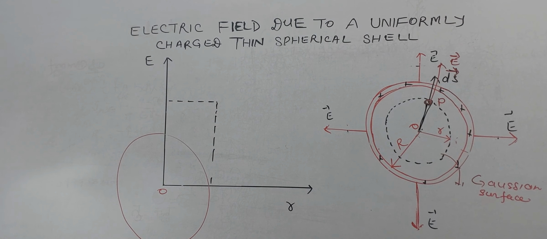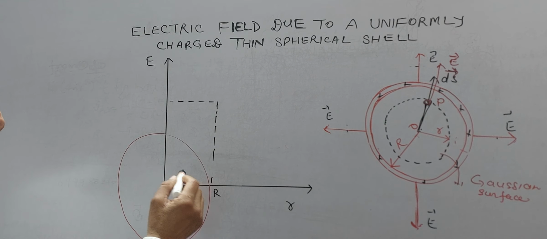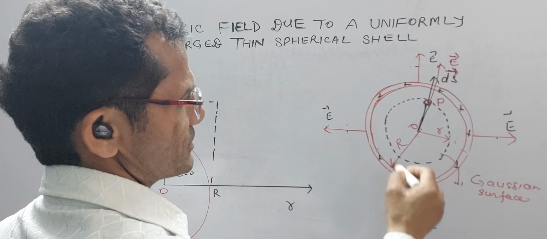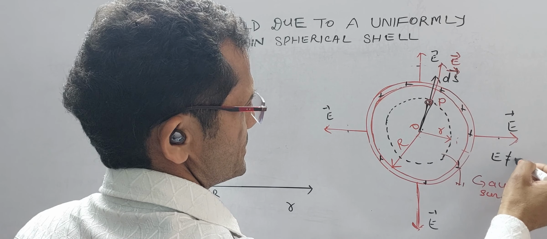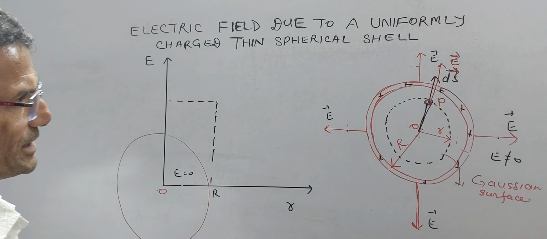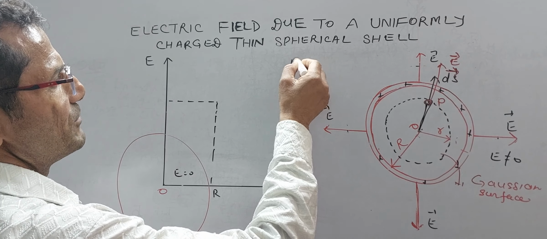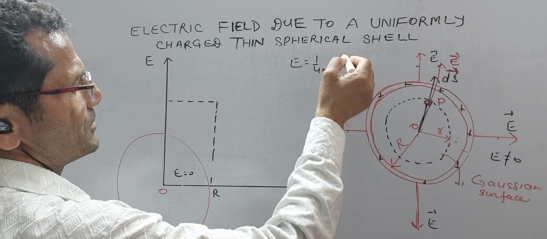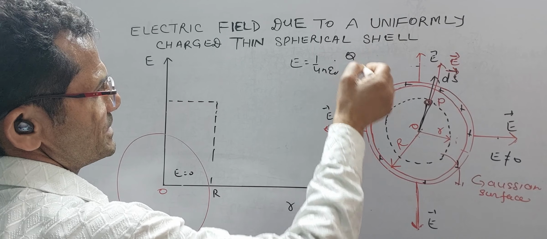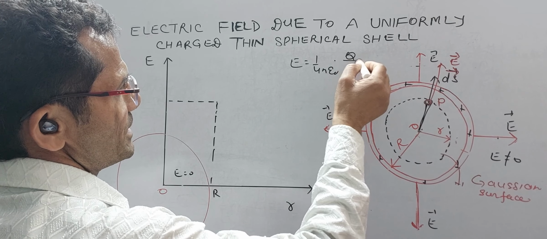Inside of this spherical shell, whose radius is capital R, the electric field is equal to 0. There is no electric field inside of this shell, but outside the electric field is not equal to 0. For the outside, we already know that the electric field has the value 1 upon 4 pi epsilon naught, times the charge contained in this spherical shell, divided by r square.